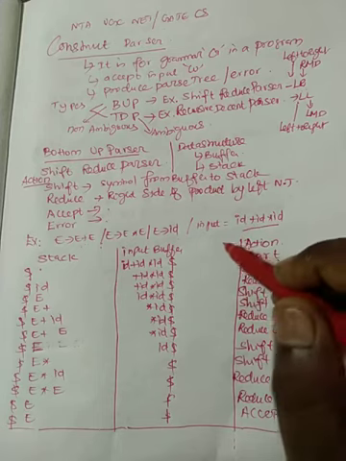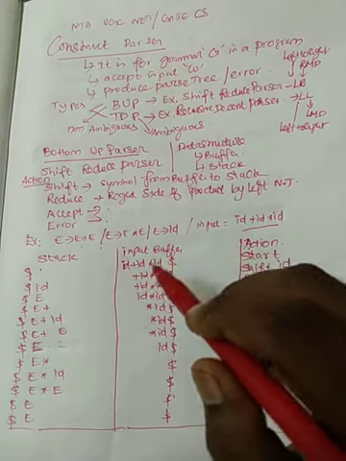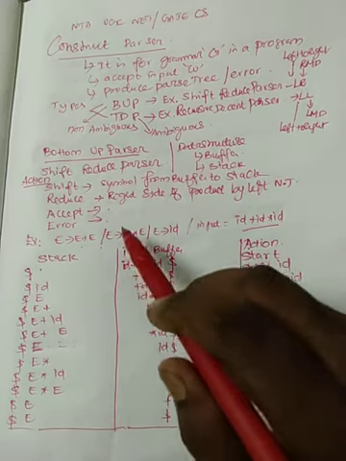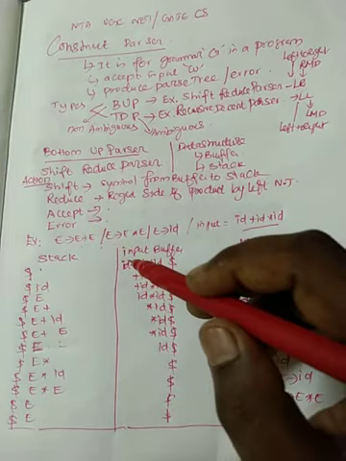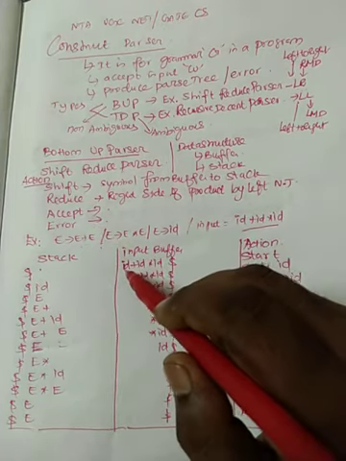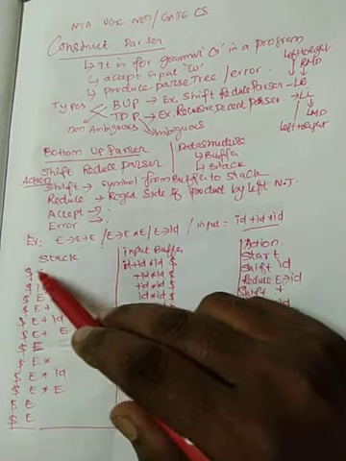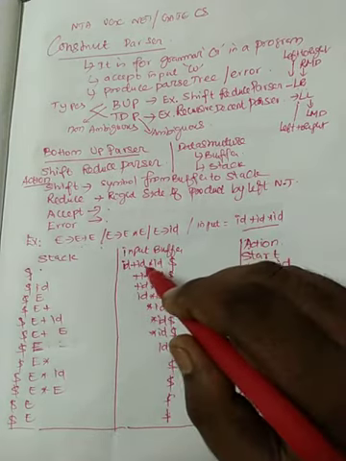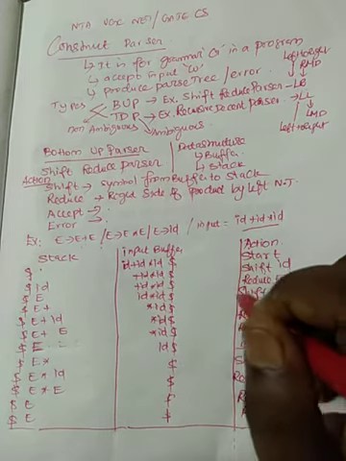We keep the input in the input buffer, and every time we perform one of the actions: shift, reduce, accept or error. Initially we keep the empty symbol, the dollar symbol, in the stack, and we load the input string followed by dollar there.